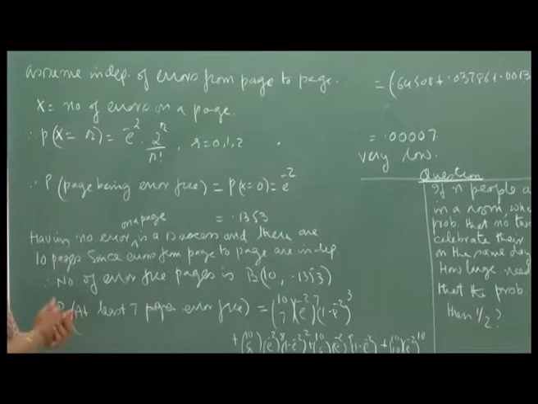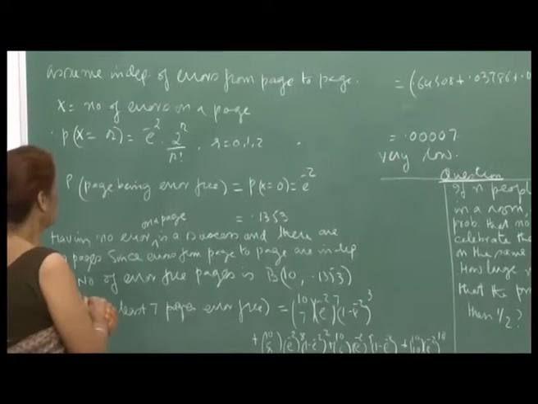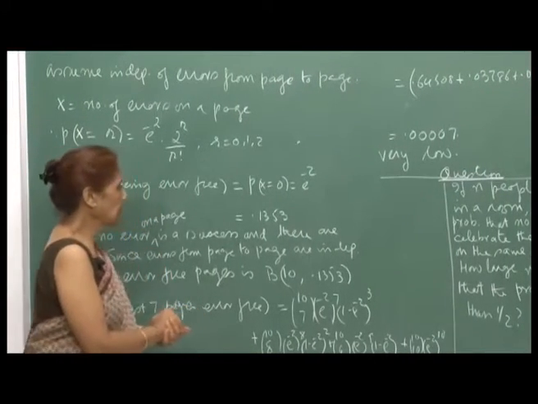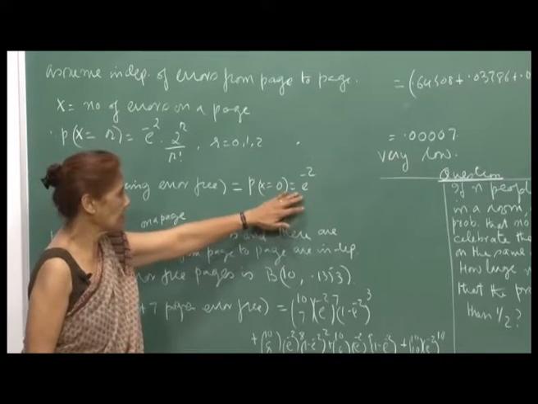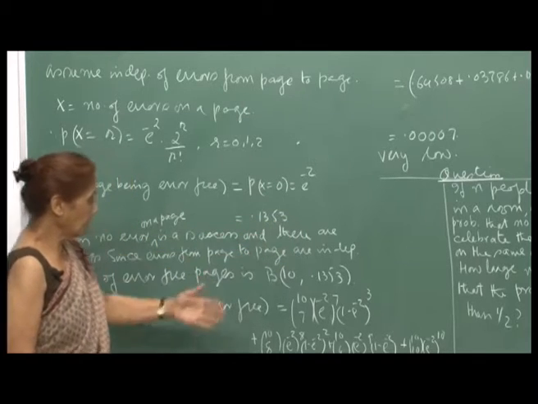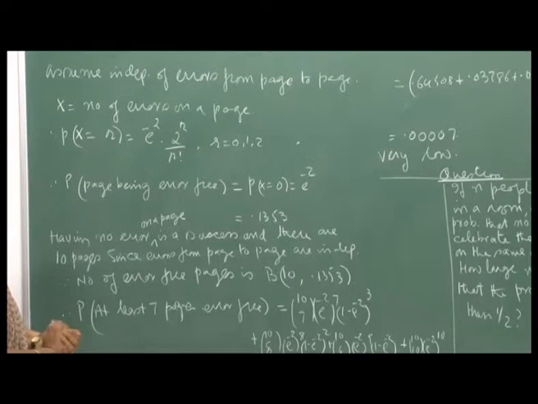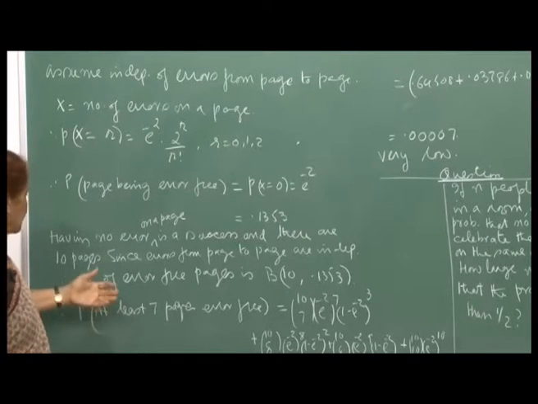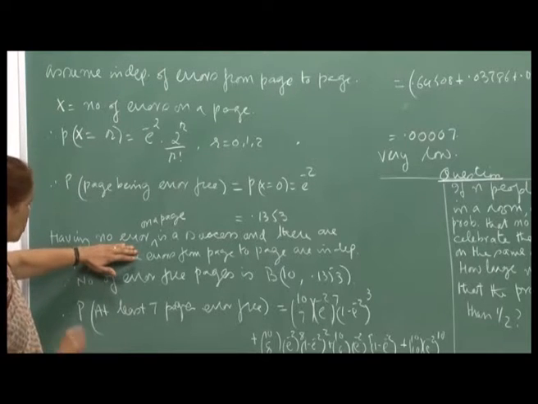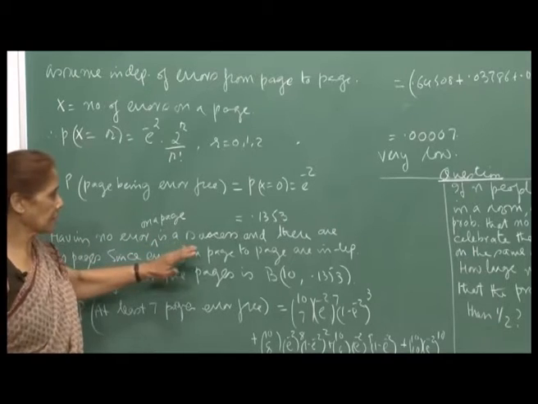We modeled the situation by a Poisson random variable to find the probability of a page being error free, which I got as 0.1353, equal to e raised to minus 2. But now there is a next step, and that is why the example is very interesting, because now you will make use of the binomial random variable, since having no error on a page is a success. Let us treat that as a success.